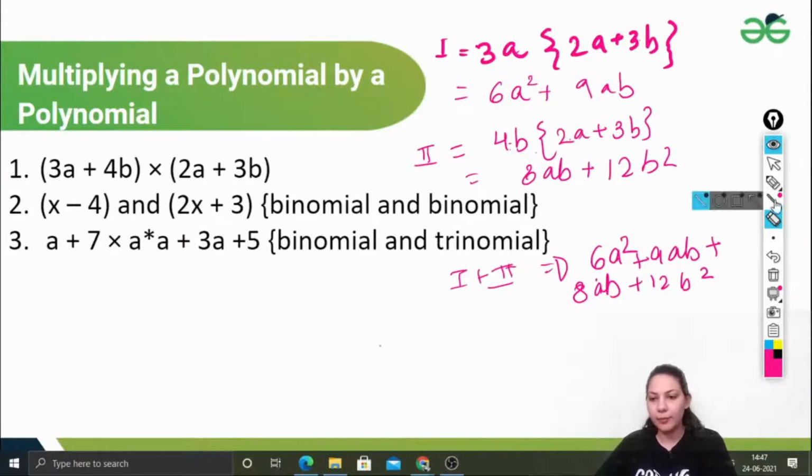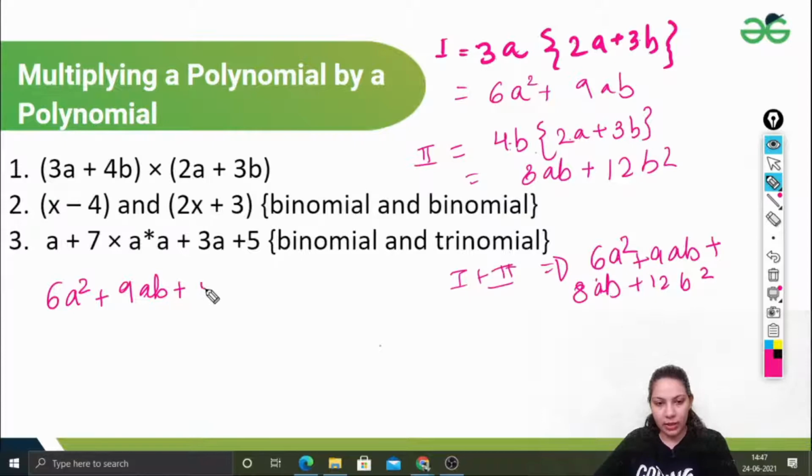So the answer is 6a square plus 9ab plus 8ab plus 12b square. This is the answer of our first question.